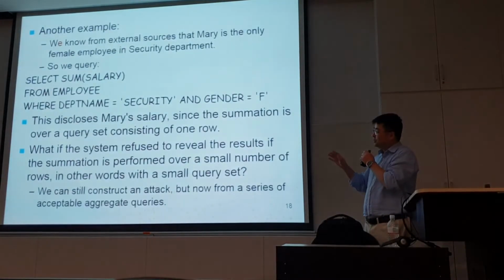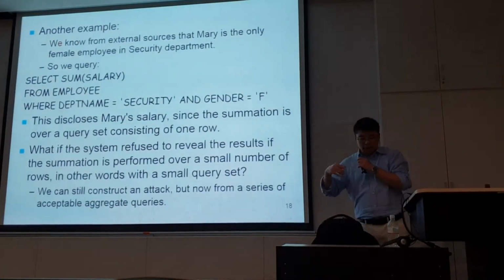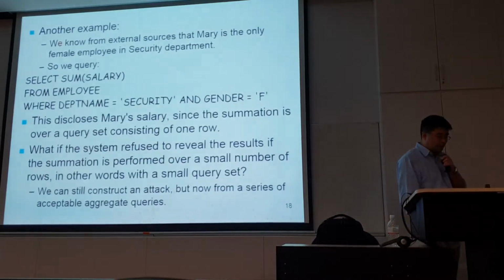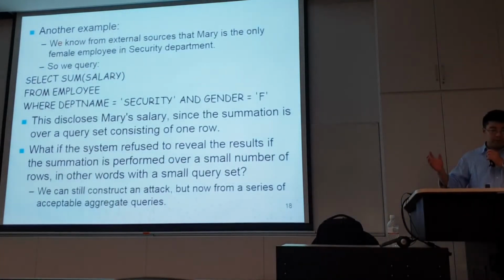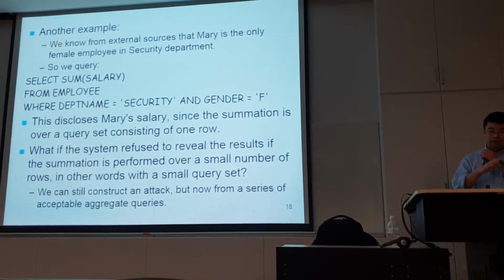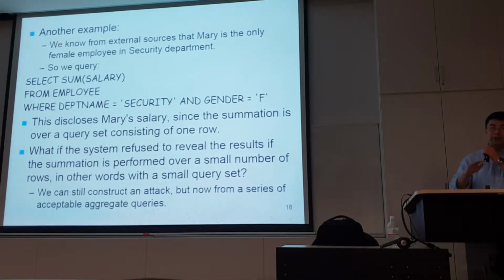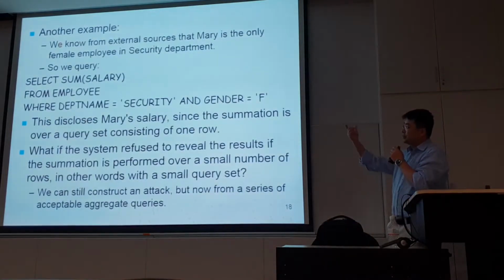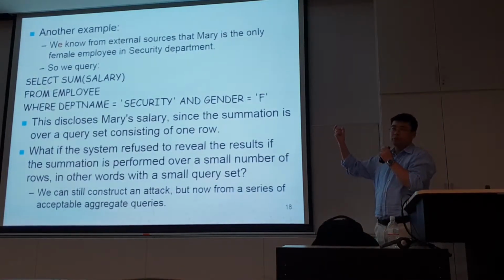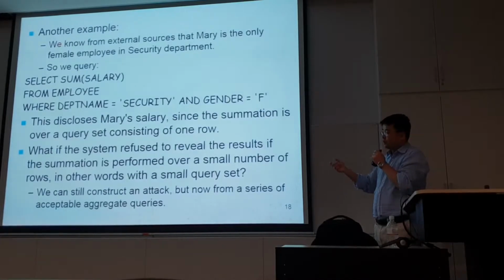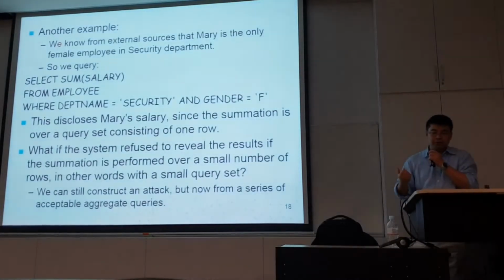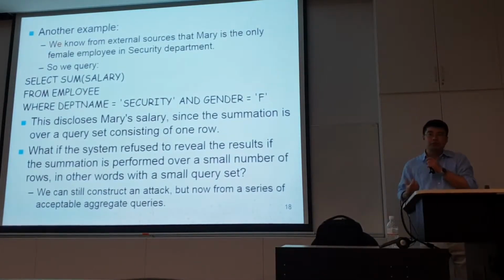Say we put a restriction that if the number of results in the return set is less than 3, then we reject the query. So this kind of query will no longer work. However, we can still construct a sequence of queries that will work.